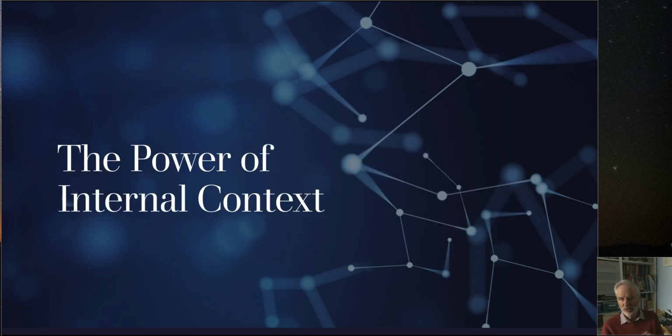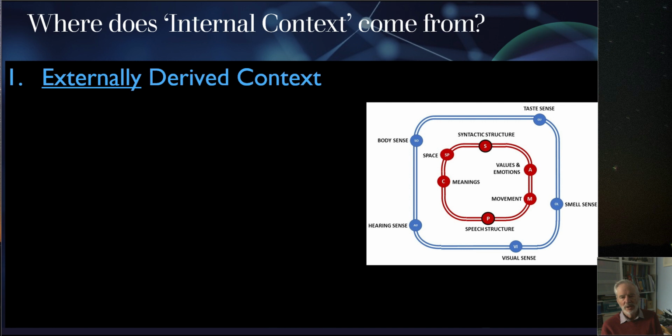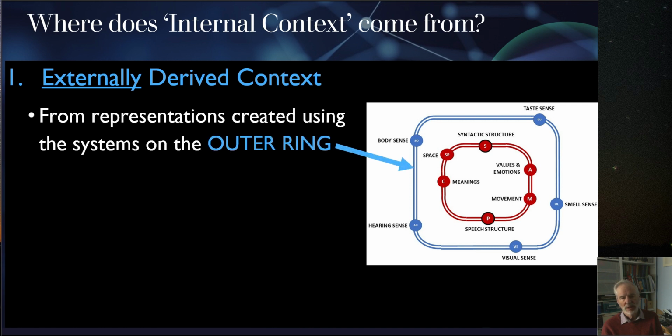And notice that all context is internal. So where does internal context come from? Let's just sum up. One, it either derives somehow from the outside world, using the systems on the outer ring. So you will have associations with the stores existing in the systems on the outer ring, and you will also have ones on the inner ring.